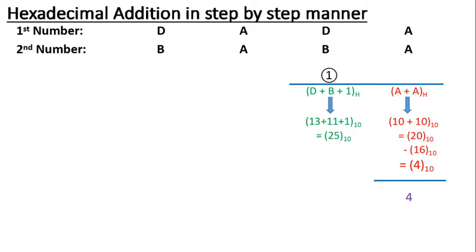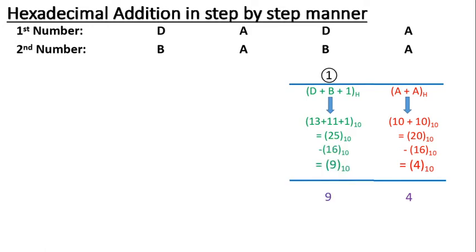Again, 25 decimal cannot be expressed in a single hexadecimal digit here. That's why minus 16, the base of the hexadecimal number system, is to be subtracted. So here is the corresponding step, minus 16 decimal.